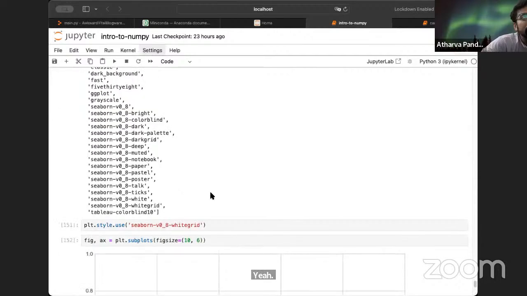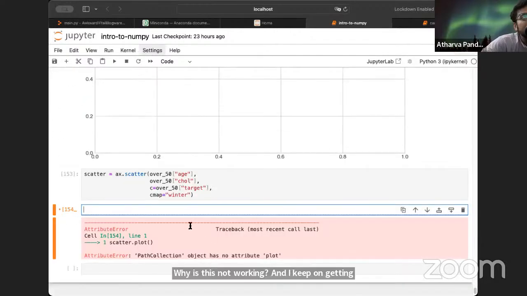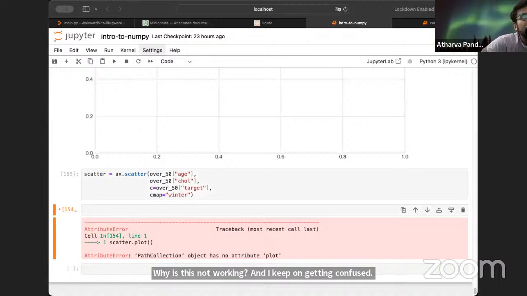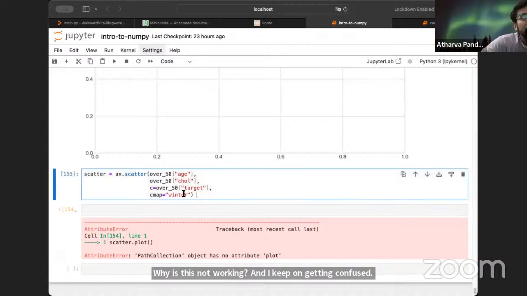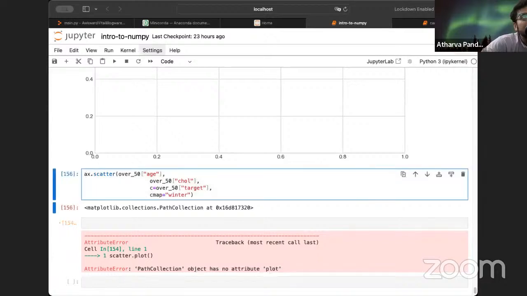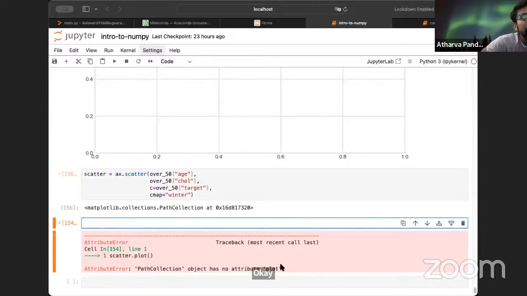Why is this not working? I keep on getting confused. Over 50, and this should work, right? Scatter. Yes, it's a keyword, definitely. I know that scatter is a keyword, but I'm thinking why it's not plotting.